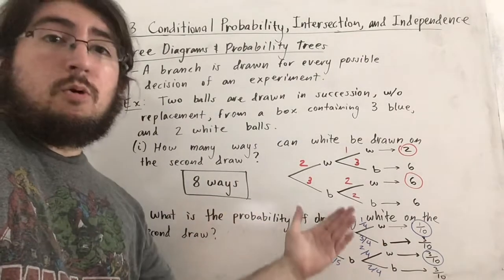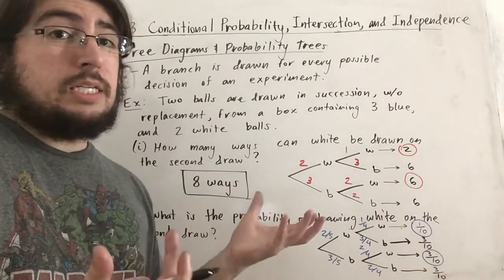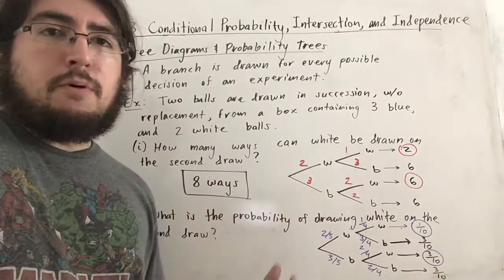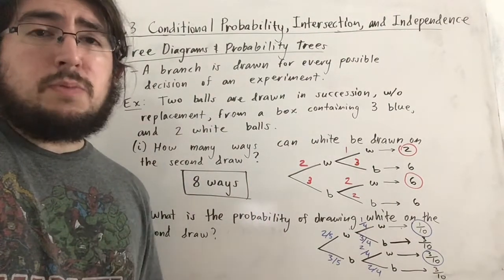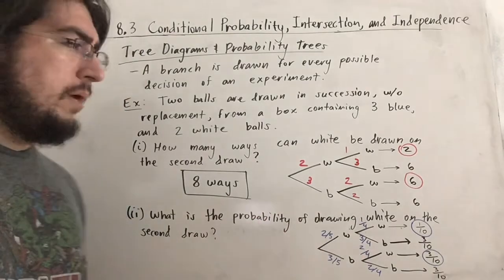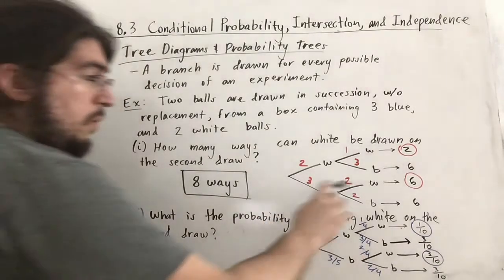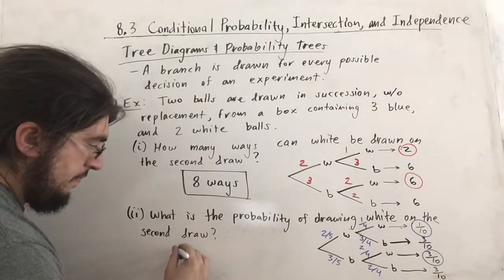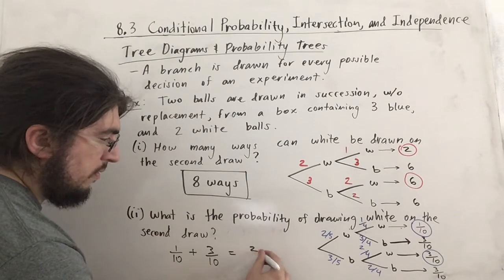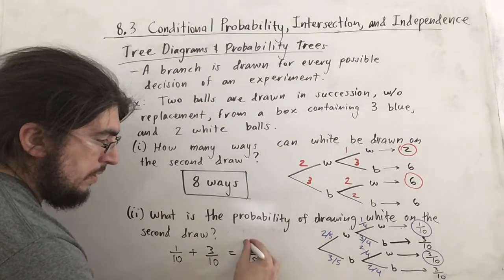Either this one or that one. So either one of the 2 possible events will occur. And we saw in 8.2 that just amounts to adding those probabilities minus the intersection, but here there's no overlap of possibilities. So what we end up getting is 1 over 10 plus 3 over 10, which is 4 over 10, which reduces to 2 over 5. So the probability is 2 over 5.